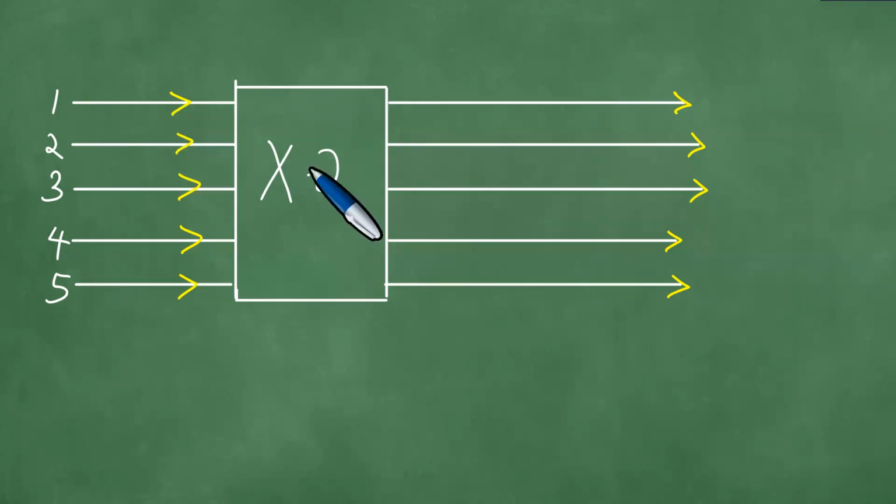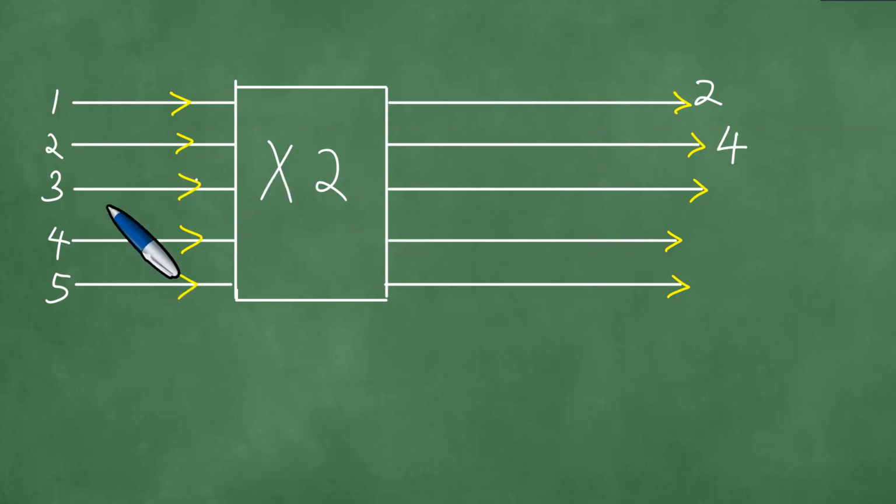Yes. 1 times 2 is 2. 2 times 2 is equal to what, Mpile? 2 times 2 equals what? What do you think, Mpile? 4. Well done.